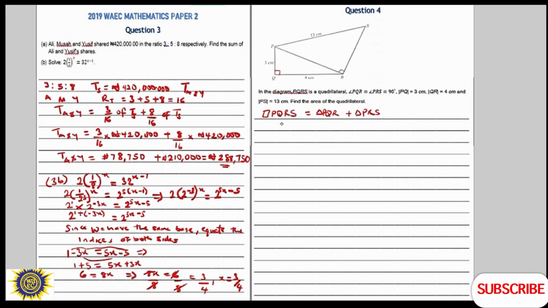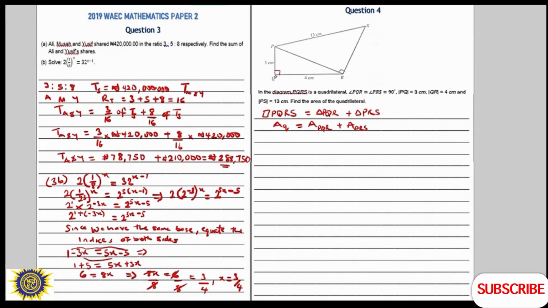So you have to find the area of this quadrilateral, then find the area of the triangle PQR plus the area of triangle PRS. So, how do you go about that? Well, look at this now.